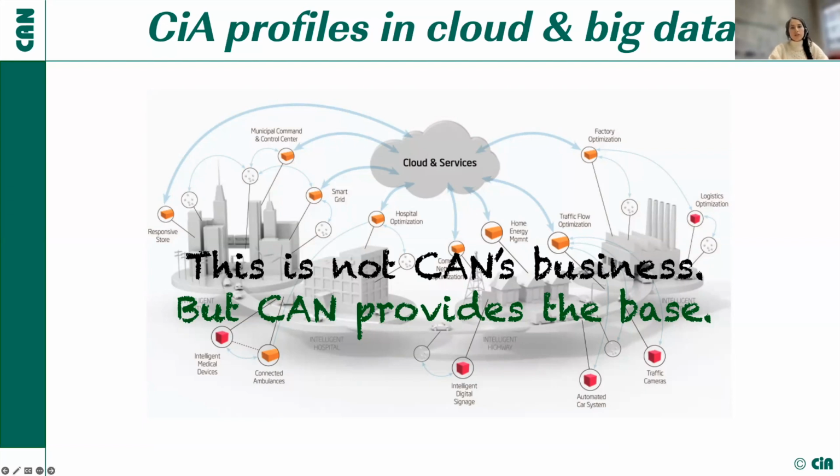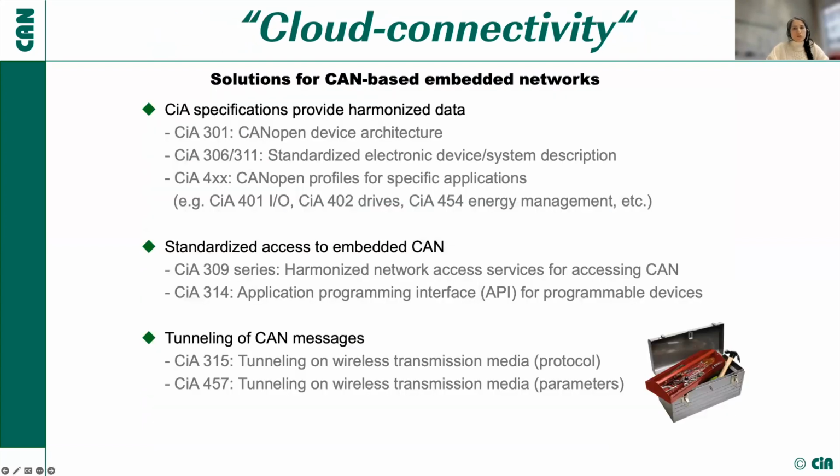So we see here in this slide several applications: for example, building automation, medical applications in hospitals, energy generation or power panels, automotive applications, and others. For many of them, CiA has already developed CiA profiles. These profiles introduce harmonized data. This means the data can easily be integrated in web-based applications; no remapping and post-processing of manufacturer-specific data formats is needed.